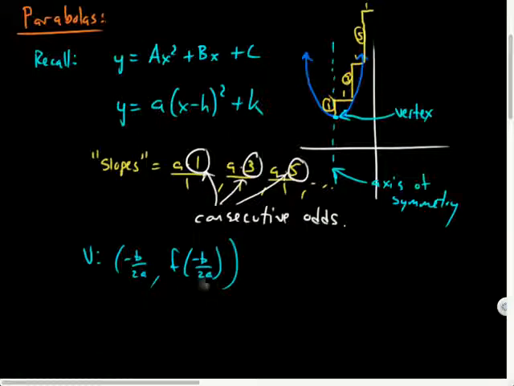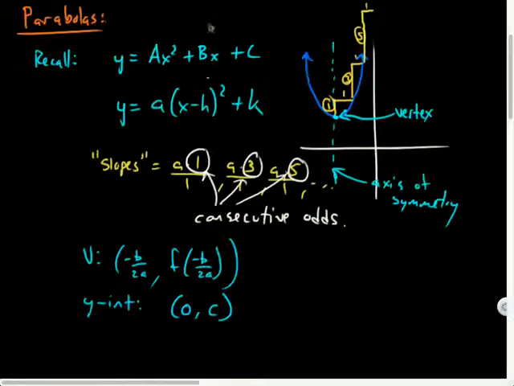We knew that the y-intercept was 0, c, just the constant. You knew all sorts of wonderful stuff. We're going to look at parabolas today in an entirely different light. There will be some similar features, though.